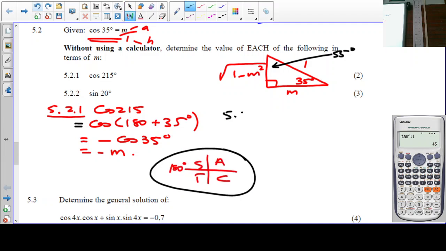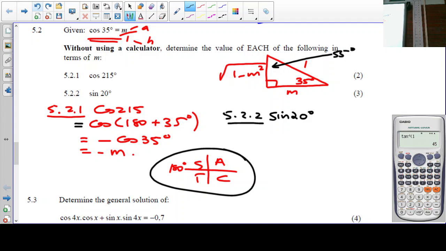Let's look at 5.2.2. In question 5.2.2, they ask you for sine of 20 degrees. Where does 20 degrees fit in here? What's 90 minus 55? 35.